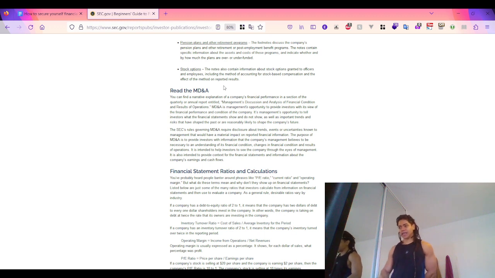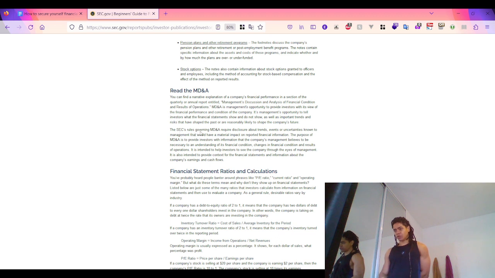It is management's opportunity to tell investors what the financial statements show and do not show, which is useful for investors, as well as important trends and risks that have shaped the past or are reasonably likely to shape the company's future.